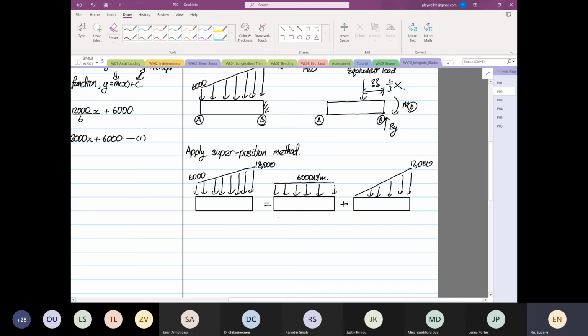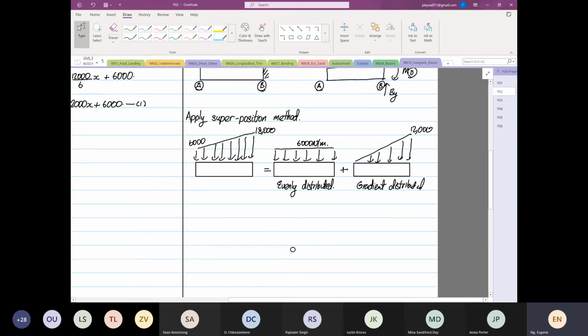Okay, so this is evenly distributed. This is gradient distributed. So finally, to get the equation, you have to do the summation of shear force.